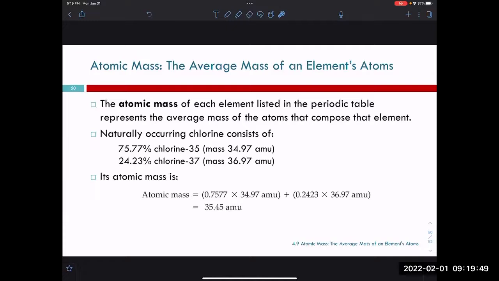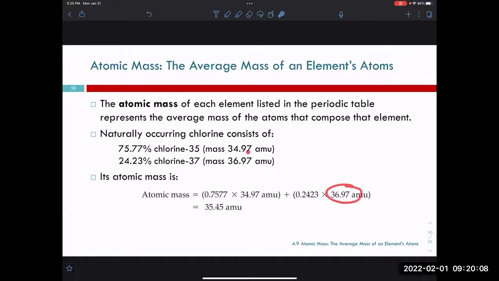we take each of our masses. So this is the 34.97, and we multiply it by its abundance, 75.77 in this case, as a proportion. So we've taken that percentage, divided by 100 first, and we do that for each of these.